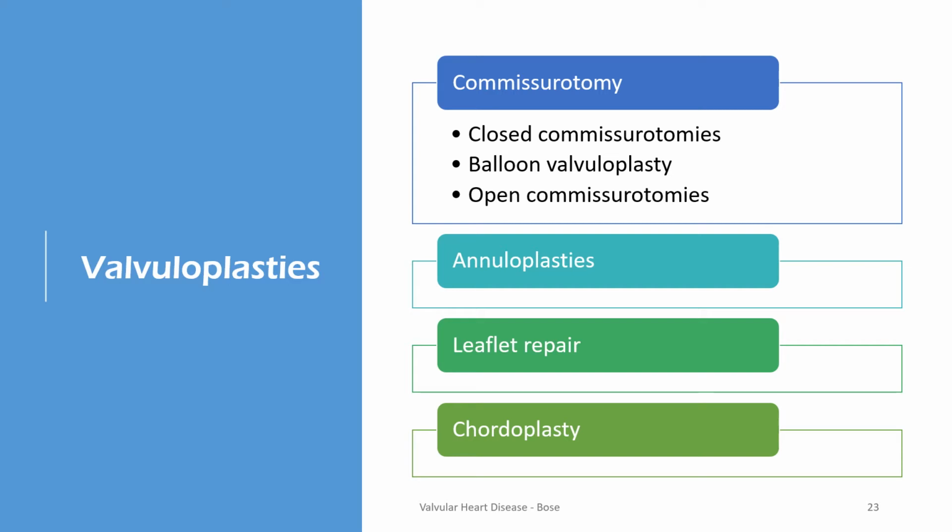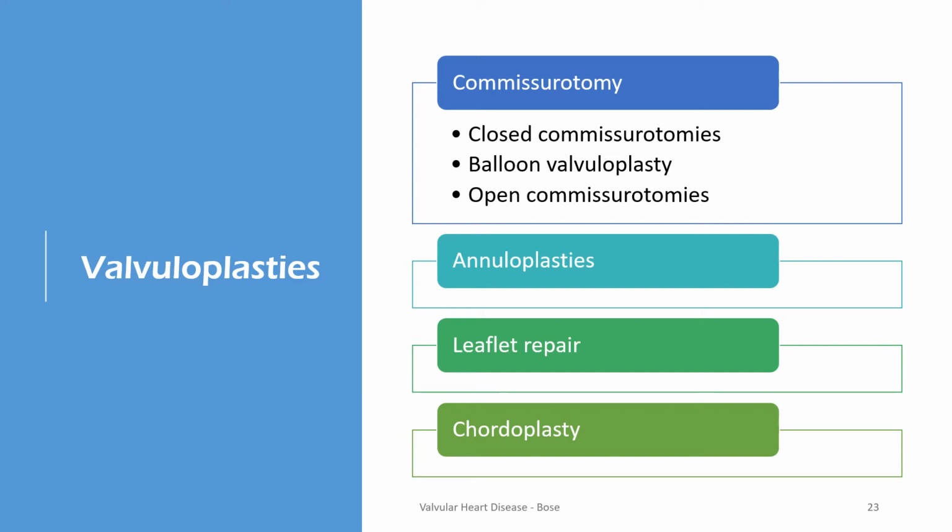Less commonly, the leaflets may fuse in such a way that in addition to stenosis, the leaflets are also prevented from closing completely. So this results in the blood unable to flow forward and eventually flows backwards. A commissurotomy is the procedure to separate the fused leaflets of the valve.